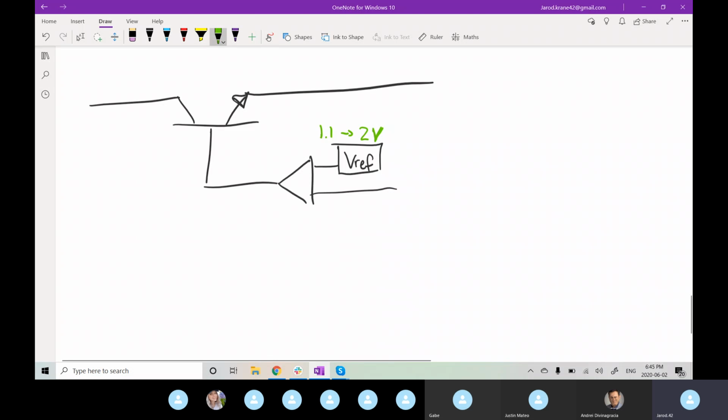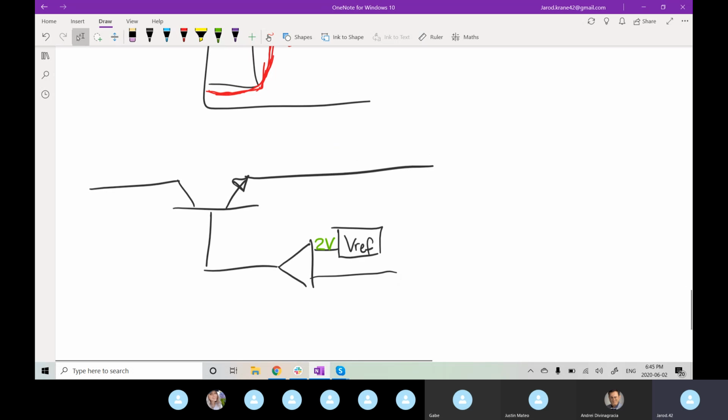So now all of a sudden we only have, let's just call it, 2 volts on our VREF. But we still want to be able to achieve this 9 volts down to 5 volts.